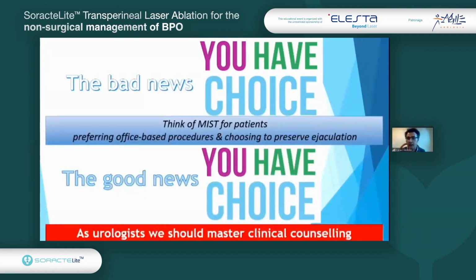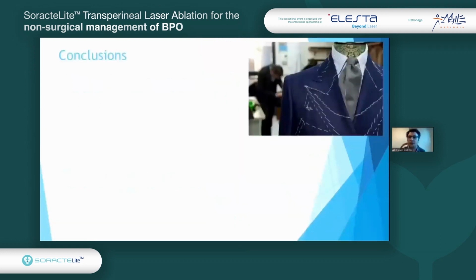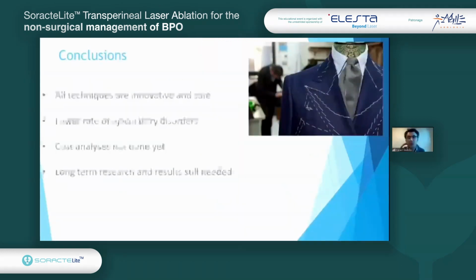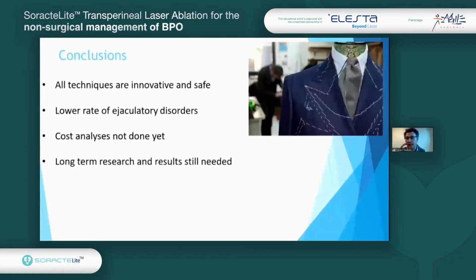So I repeat, we have to think of micro-invasive procedures for patients who prefer office-based procedures and preservation of ejaculation. All the techniques we saw this afternoon are innovative and safe.